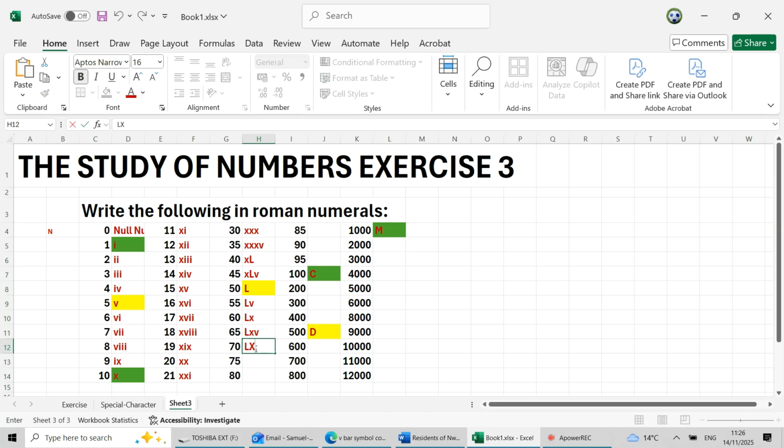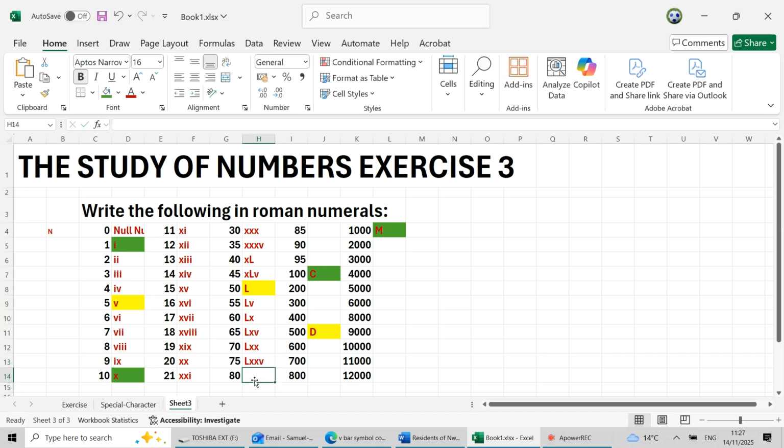Our 20 is XX, not capital X. And then 75, we have our 70 already, LXX, and then 5, that is 75 for you.